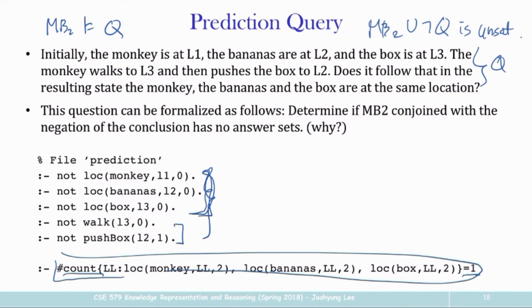That means they are at the same location, right? And if you put this one in front, that means they are not in the same location. So this is a negation of the query that you give. And if you call Klingo, then Klingo will say no, there is no stable model. That's the way that you check this prediction query.